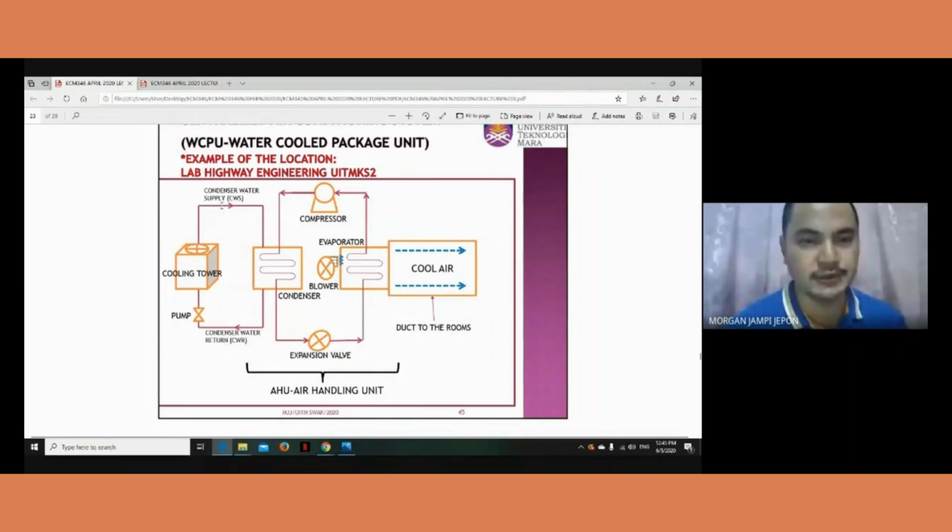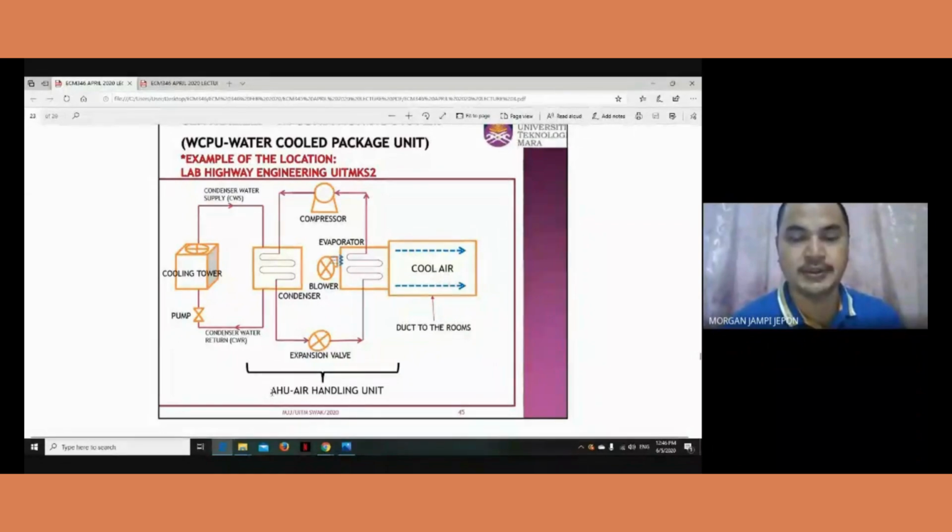All right, so the labels are similar. The cool water is brought by this pipe with label CWS, which stands for condenser water supply. And then warm water from the condenser is brought by this pipe with label CWR, which stands for condenser water return. All right. So all these basic components are inside a room called the AHU, air handling unit.